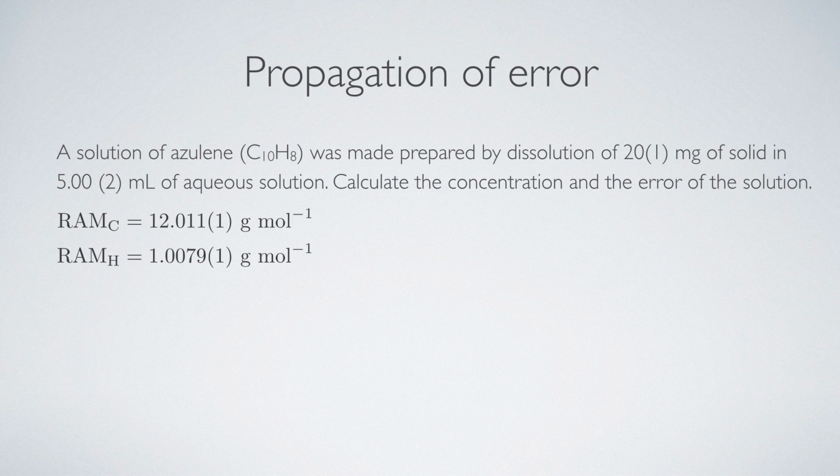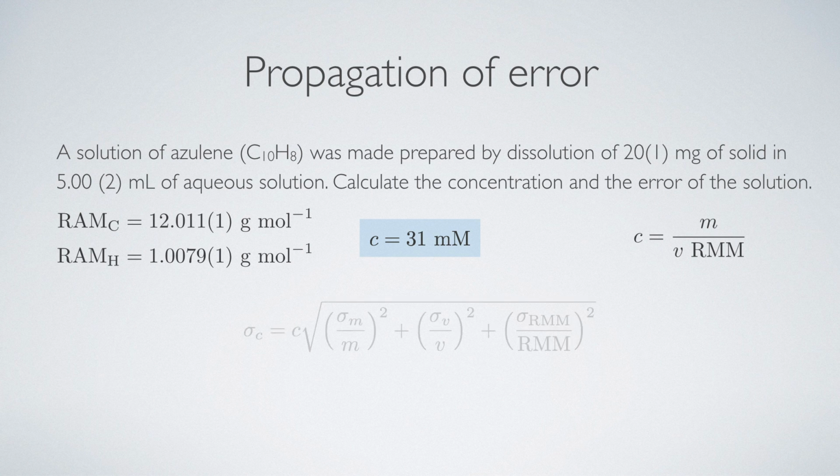So, looking at the uncertainty in this case, I need to know my calculated value of my concentration. And just remember that this is an equation where I've had multiplication. Now, technically, that RMM term is combined by the sum of all of these things, so I can't quite use this equation I've got here in the first instance.